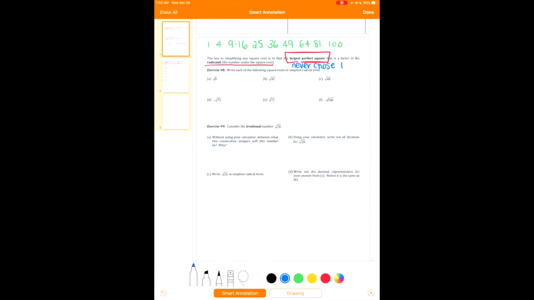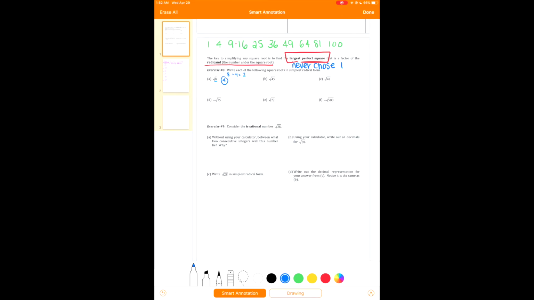We always want to choose one that's larger than 1. So 4 goes in evenly to 8. And if you need to know if it goes in evenly, you can just take the number under the radical, so the 8, and divide it by 4 in your calculator, and you're going to get 2. If you get a whole number, that means it's a factor. So 4 is going to be my largest perfect square here.